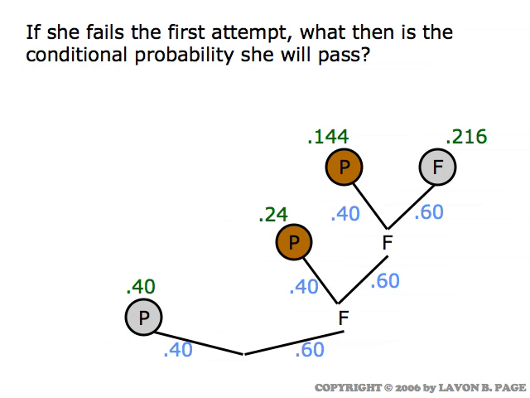Now, what if you know that she fails her first attempt? What then is the conditional probability she will eventually pass? Obviously, that's going to lower her chances, isn't it? Failing the first attempt is bad news, so that will lower the chances that she eventually passes.